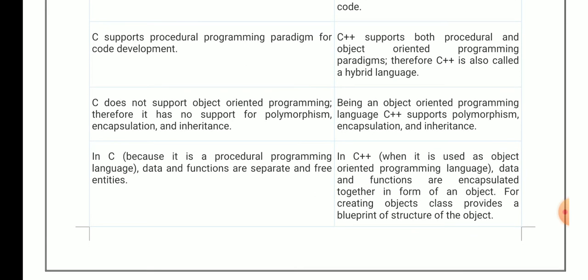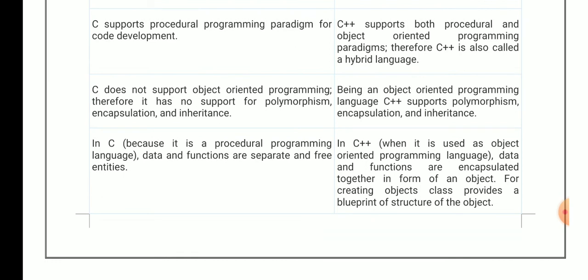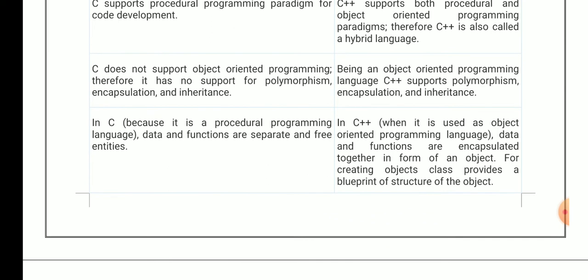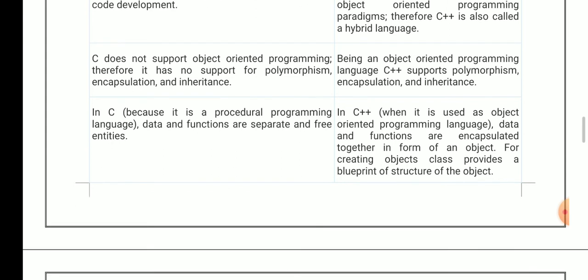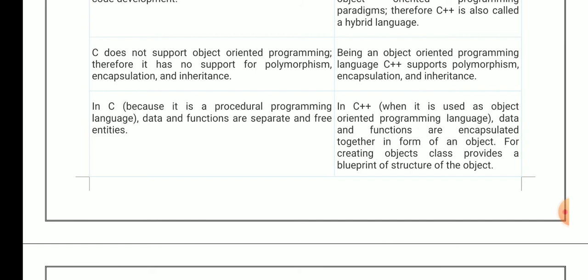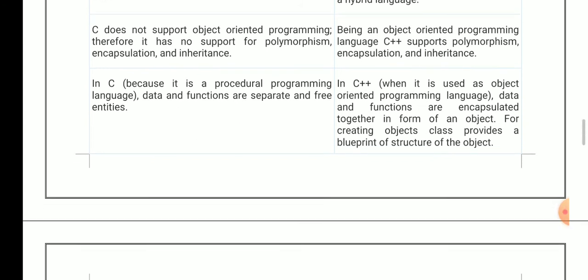There is no concept of polymorphism, encapsulation and inheritance in C, while in C++ there is the concept of polymorphism, encapsulation and inheritance. In C the data and functions are separated, they are free entities, but in C++ the data and functions are encapsulated to make an object.